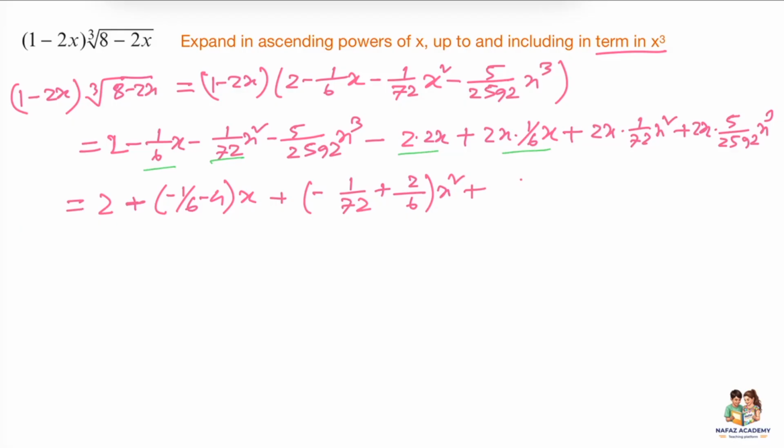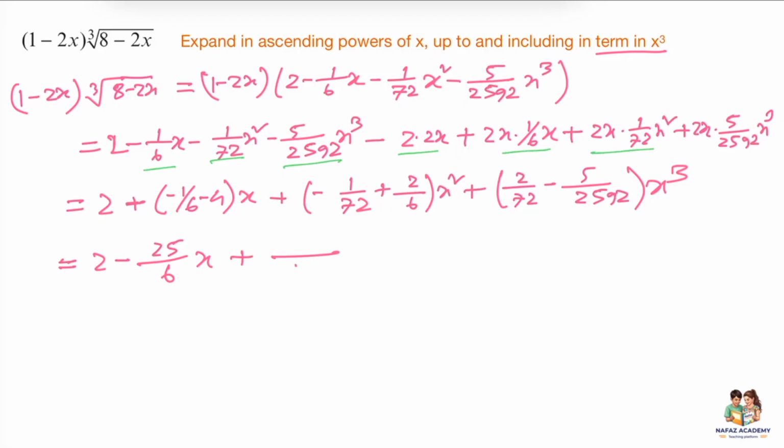And now the term of x to the power cube, I use the plus sign again, there is a reason. 2 over 72 x and 5 over 2592 x square x cube, it is 25 over 6 x.